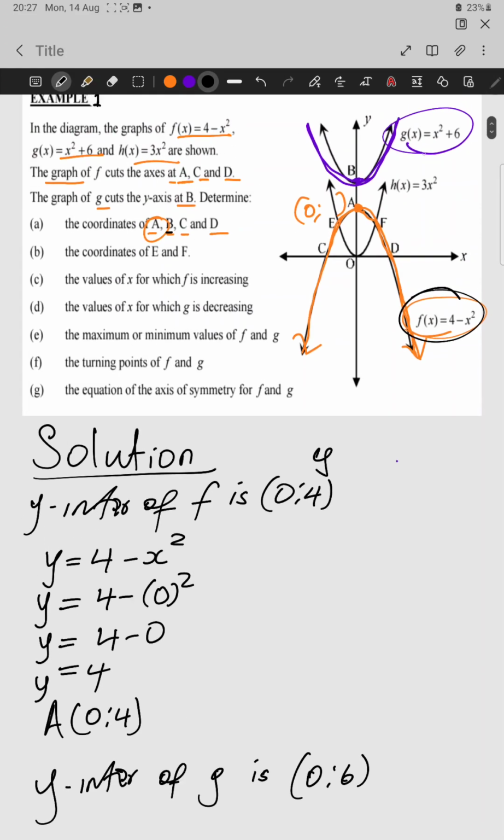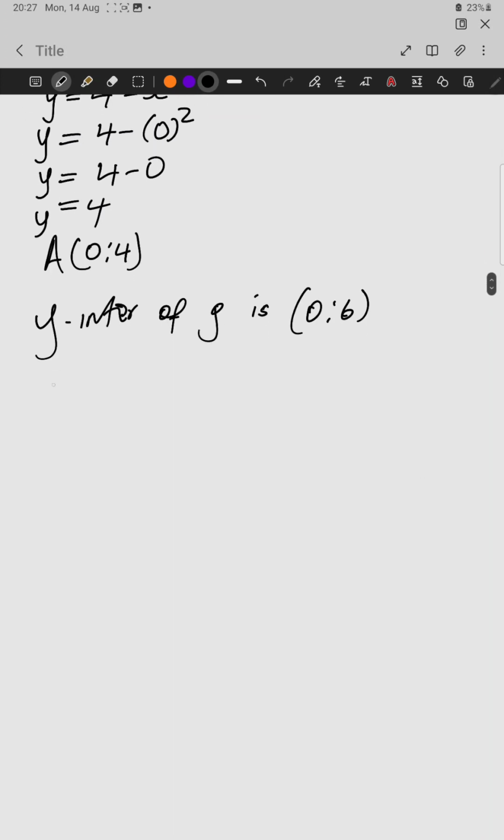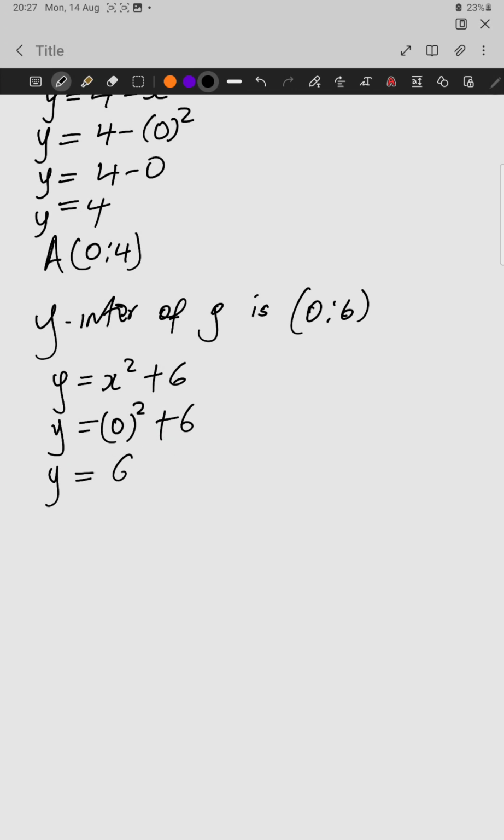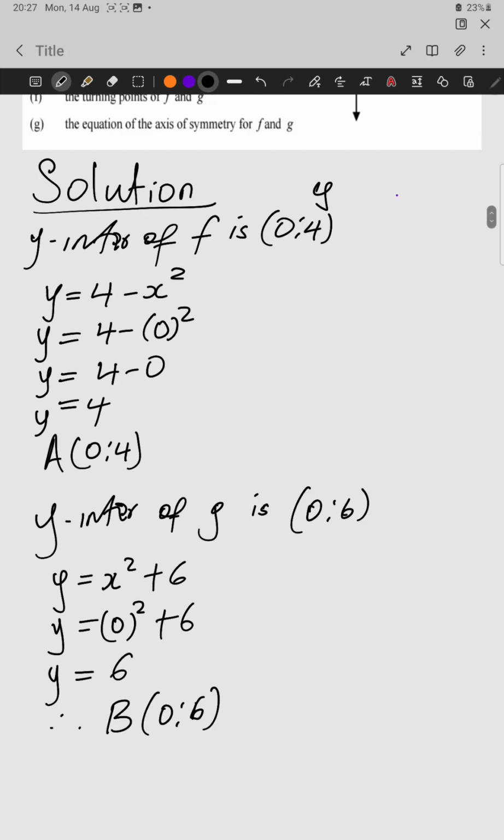The equation of g says y is equal to x squared plus 6. So in the place of x over here, I'm going to put 0, because it is a y-intercept, so y must be just 6. Therefore the coordinates of b is going to be 0, 6.